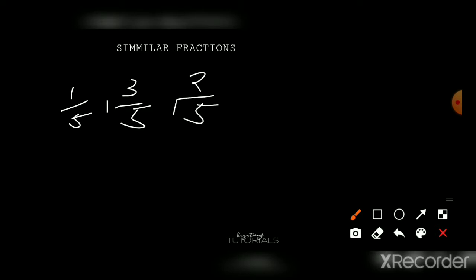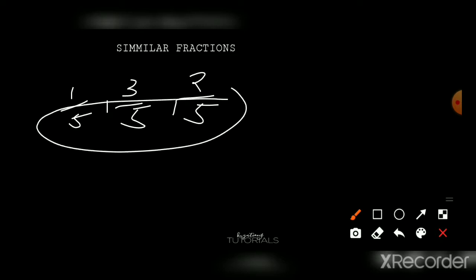These are similar fractions tungod kay pare-pareha ang ilang mga denominator. Ang denominator naa sa ubos, okay? Basta pare-pareha ang denominator sa mga fractions, gitawag sila og similar fractions. So karon atong mahibaw-an unsaon nato pag-add og mga similar fractions ug unsaon nato pag-subtract, okay?